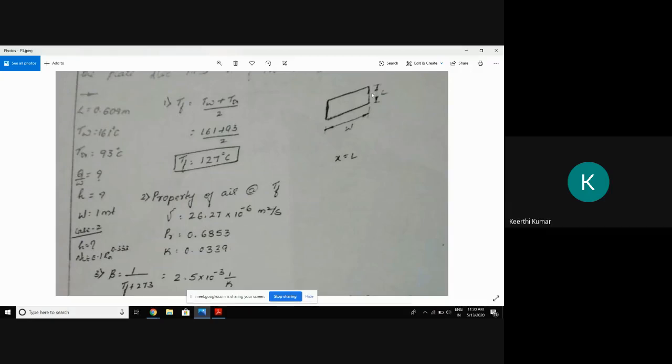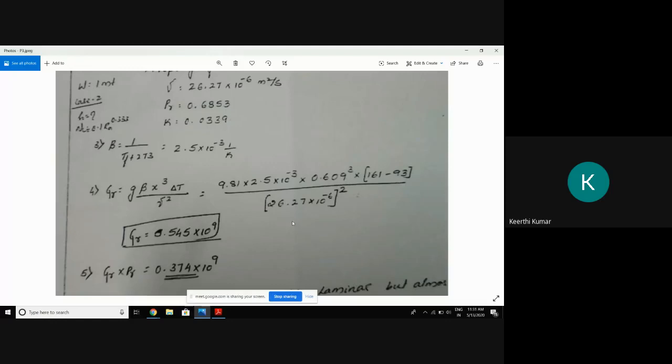If it is a plate, you take the direction perpendicular to the motion of the air. If the air is flowing like this and this surface is exposed, we are supposed to take this as the L value, not the parallel direction. Sorry, the perpendicular direction should be taken as L. So I took L as 0.61 and then I completed the Grashof number. If anybody has a doubt, please ask me.